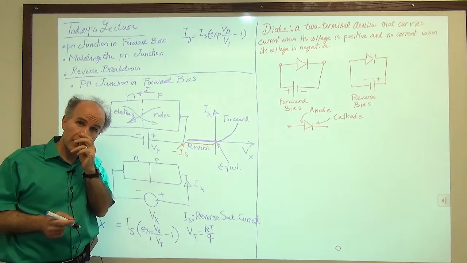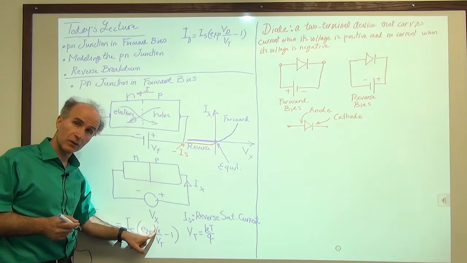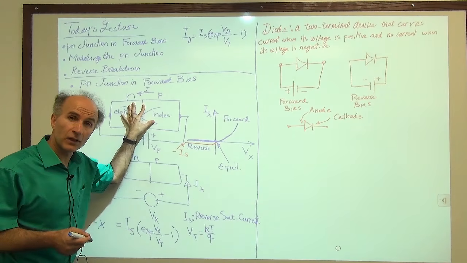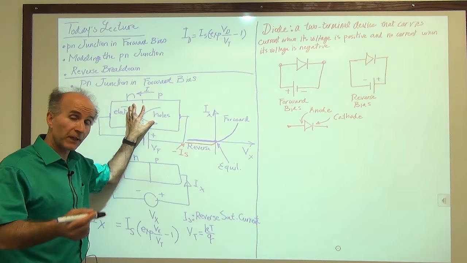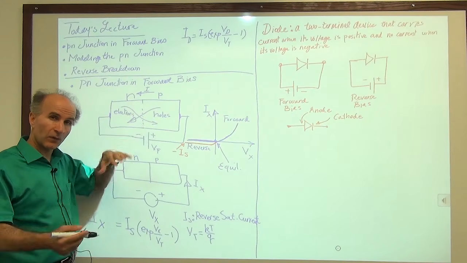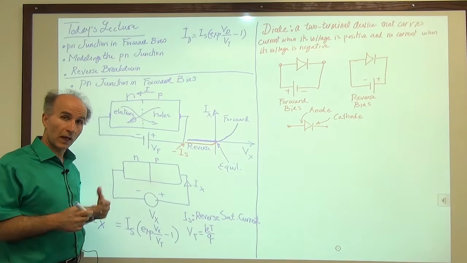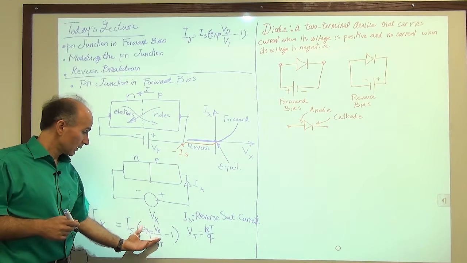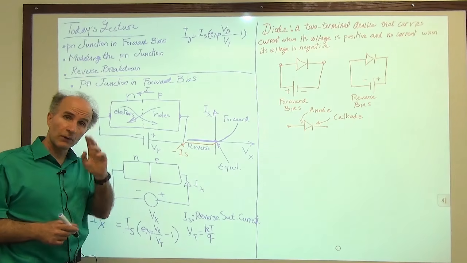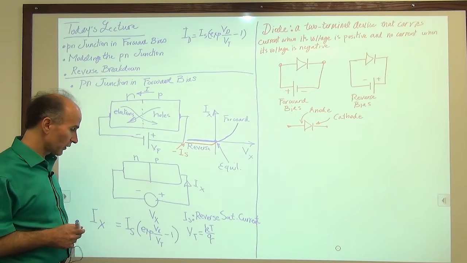So are we saying that the amount of current we get for a given voltage is the same whether we have a silicon PN junction versus a germanium PN junction? That sounds not quite right, because we know that they have different band gap energies and all sorts of things. Also we're saying that this doesn't depend on doping levels, which is also strange. So all of those are actually reflected in IS. IS has that information in it.